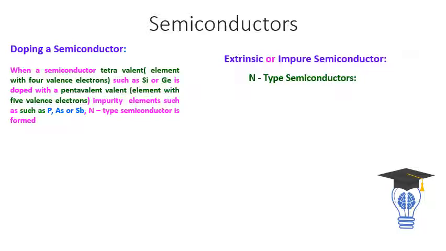A tetravalent semiconductor, as the name indicates, is an atom which contains 4 valence electrons, for example silicon or germanium.